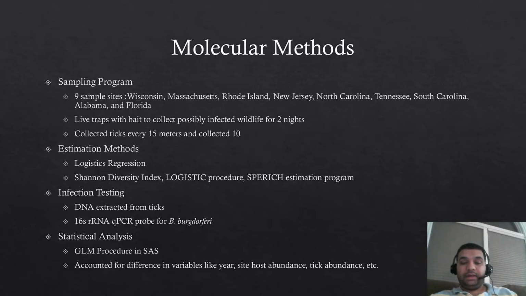They used DNA that was extracted from ticks collected around the trap sites, and they used 16S ribosomal RNA qPCR with a specific probe for Borrelia burgdorferi to check whether those ticks were infected with Lyme disease.